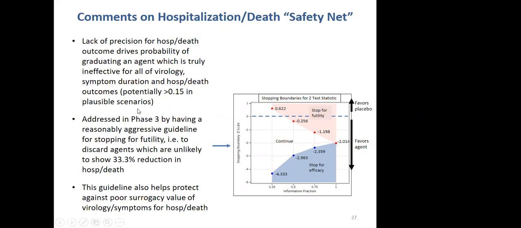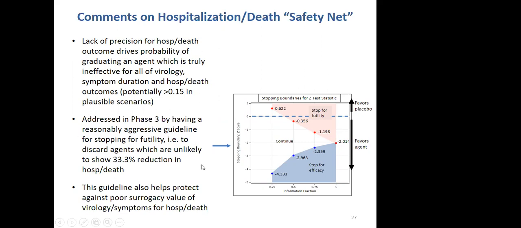So we could show through simulations that there was a reasonable risk that an agent which was, in truth, completely ineffective with respect to virology, symptom duration, hospitalization, or death had in excess of a 0.15 chance of graduating, and it was driven by this safety net.